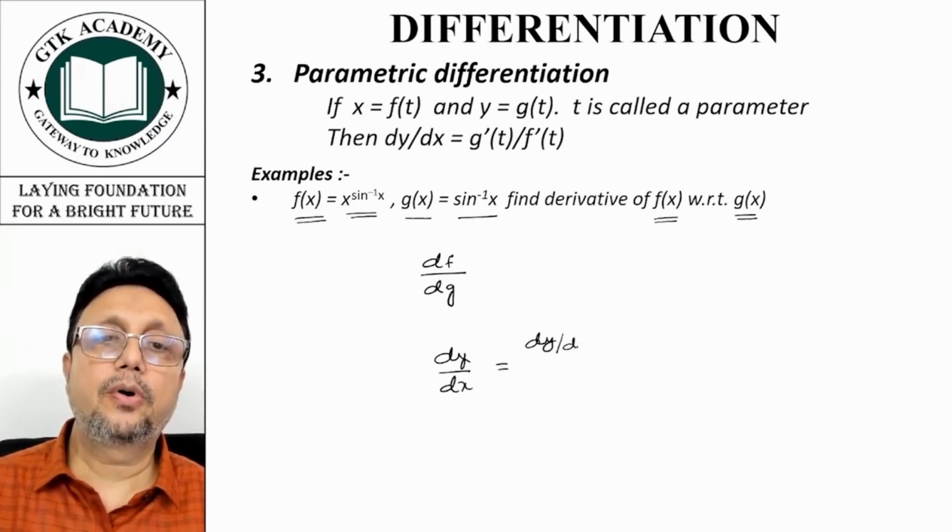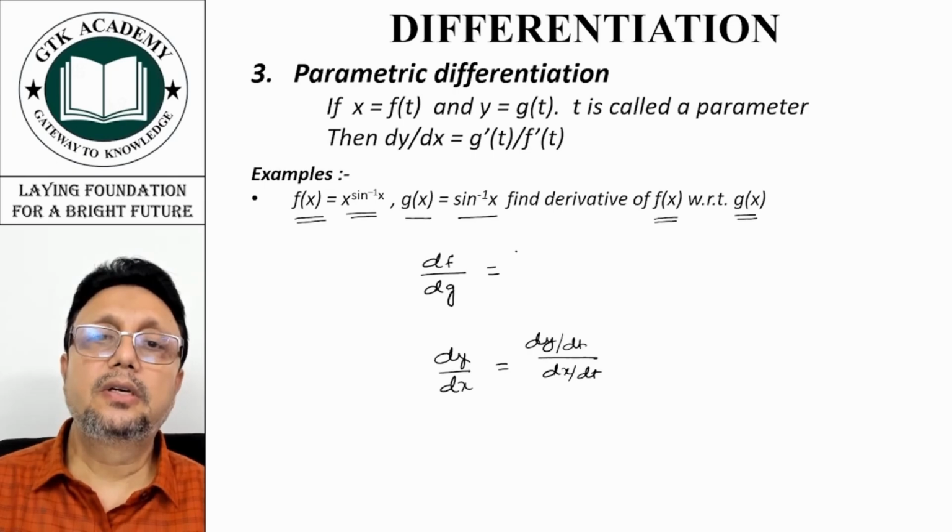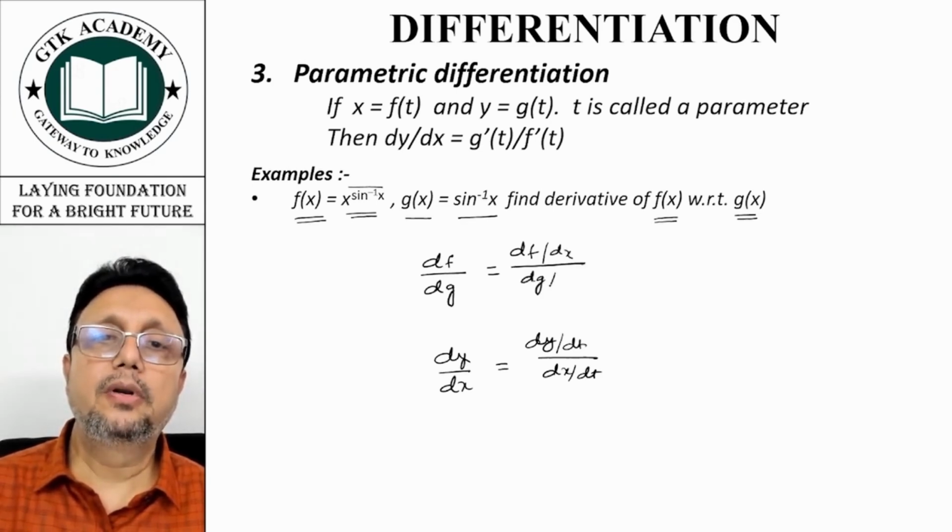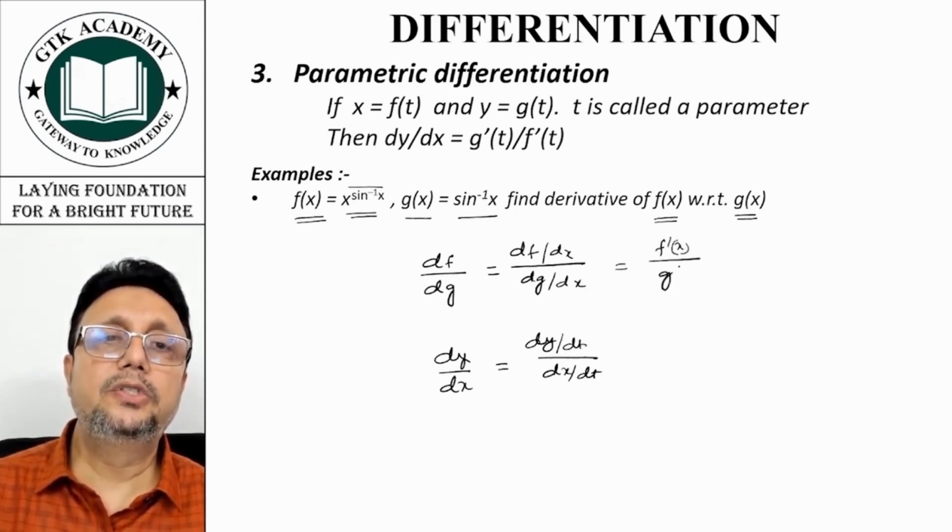You did dy upon dt upon dx upon dt. So what you need to do here is df upon dx upon dg upon dx. That is, what is df upon dx? You know, f dash x upon g dash x.